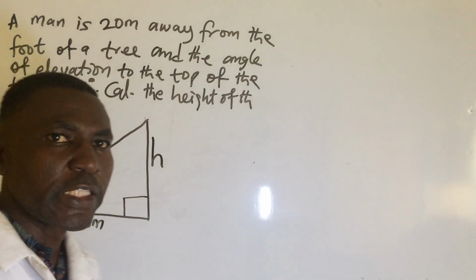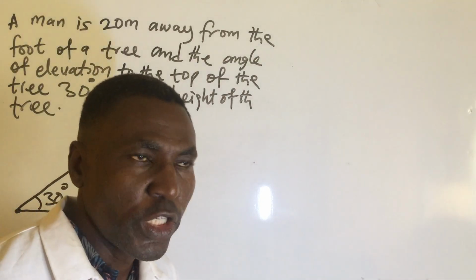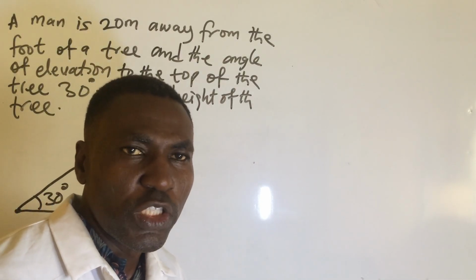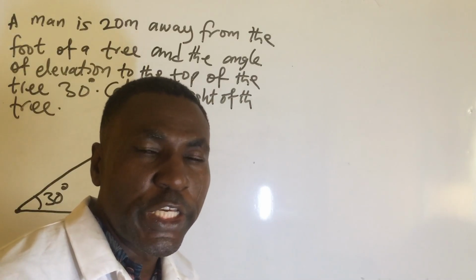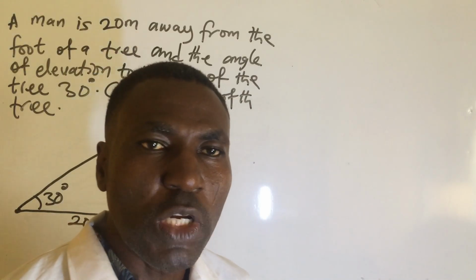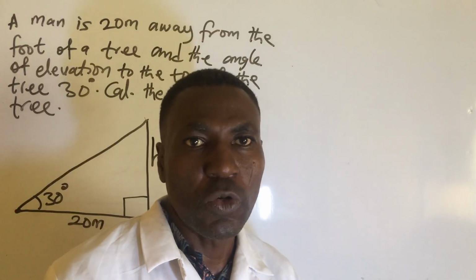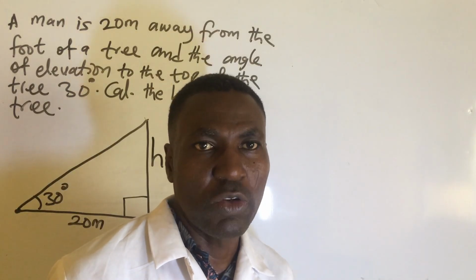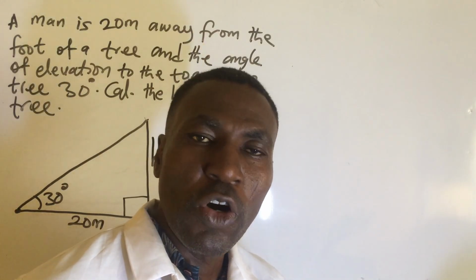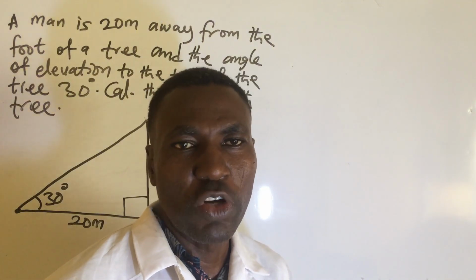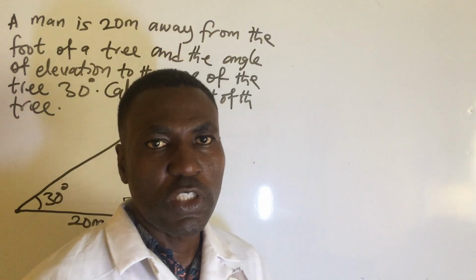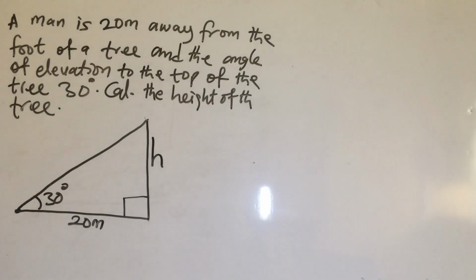In angle of elevation and depression, when a question is given to you, it finally results in drawing a triangle, which will give you a right angle triangle. If it's any other triangle, then you make use of the sine and cosine rule, which I have taught you. Now we are going to use tan.